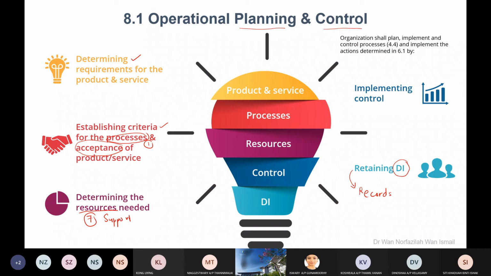So these are connected to resources, the documented information. So this one can be the same records to fulfill the requirements of subclause 8.1. Remember last time we were talking about training. So the records will be training certificate or training attendance.